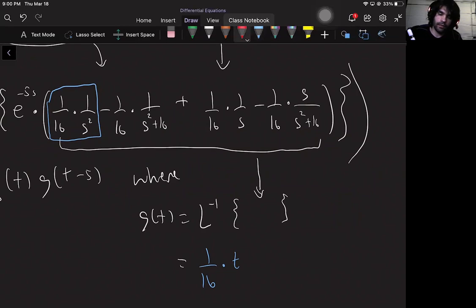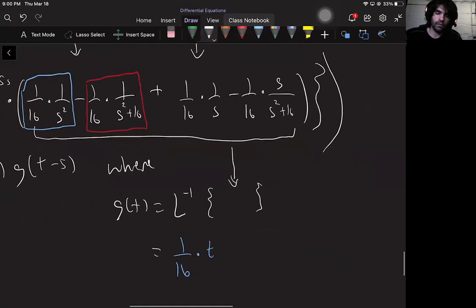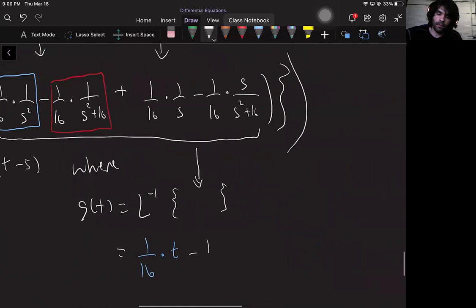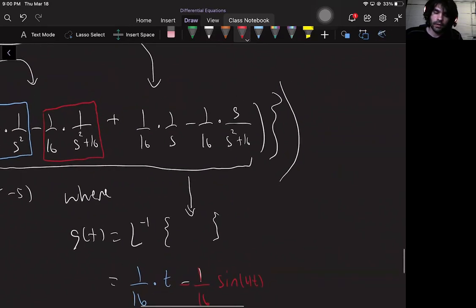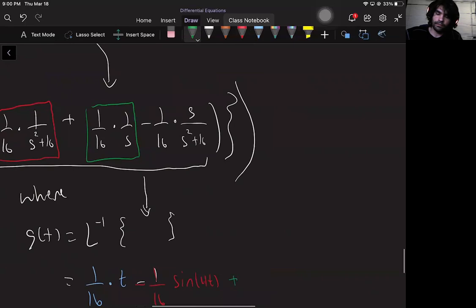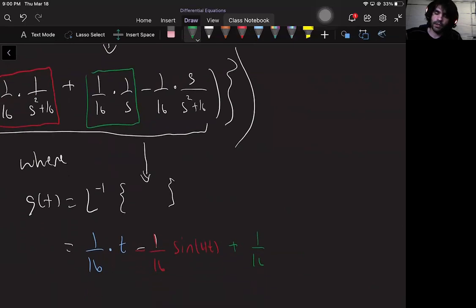Okay, I'll try to color code. This is, well, this is the same as what we just did. It's over here. 1/16 sine of 4t. And then this is 1/16, just 1/16 times 1.